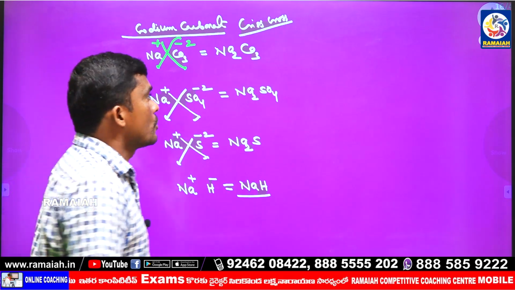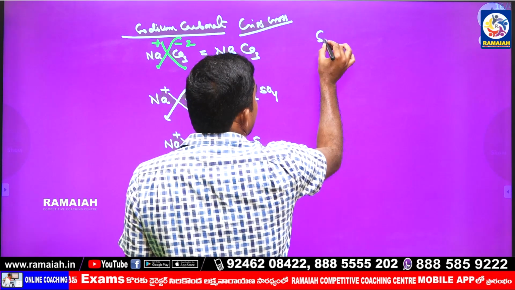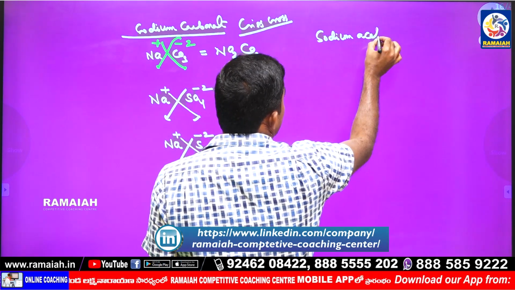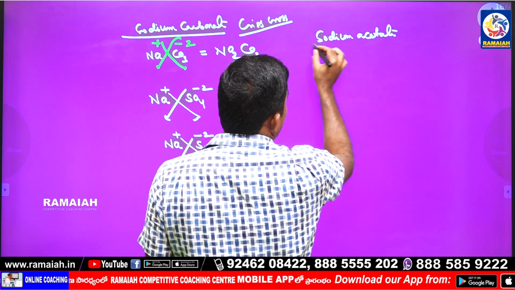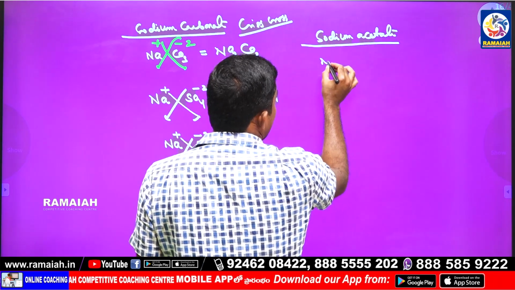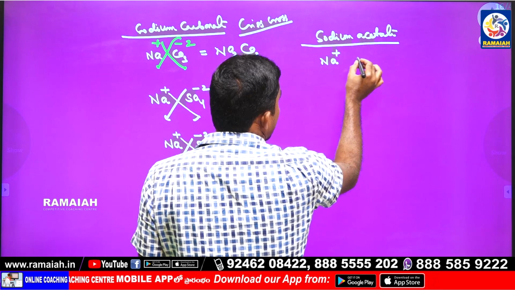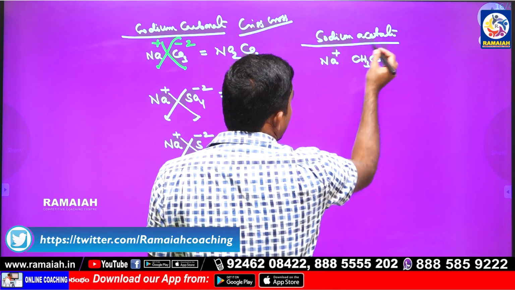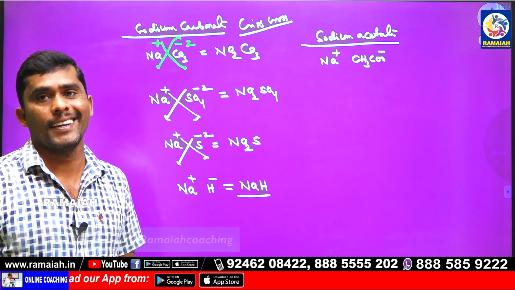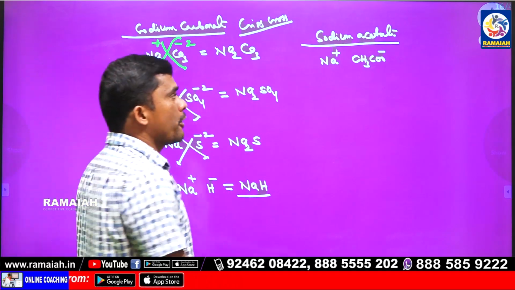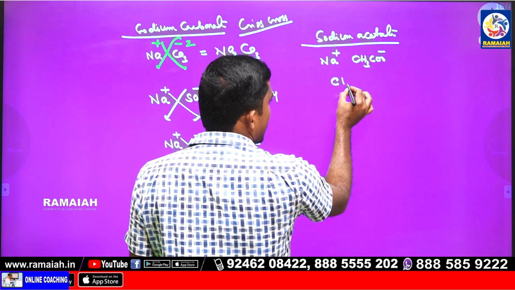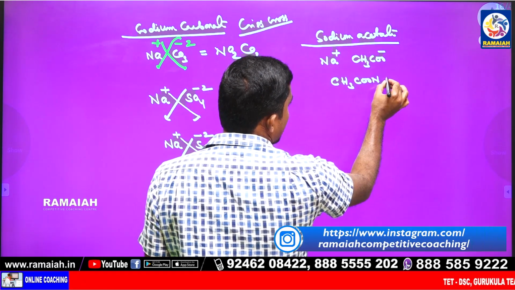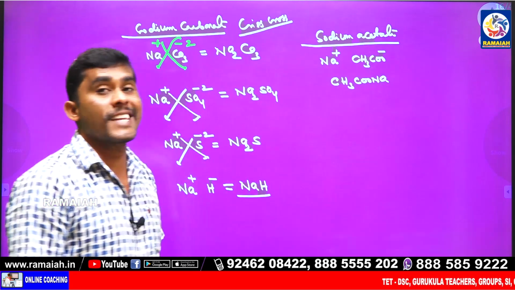Sodium is Na plus. Acetate is CH3COO minus, called the acetate ion. So the formula is CH3COONa, sodium acetate.